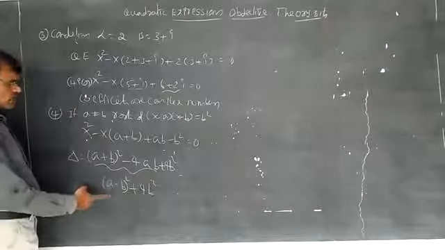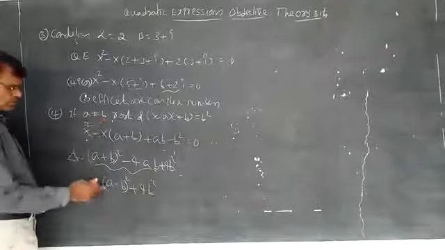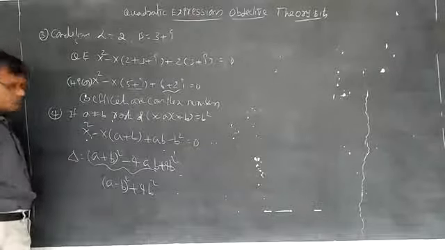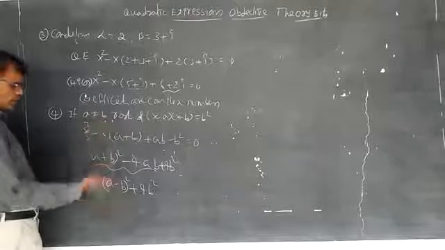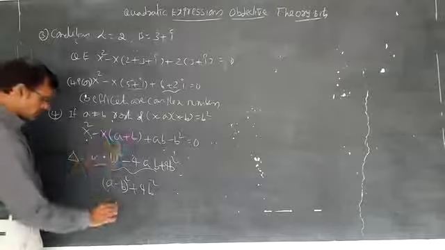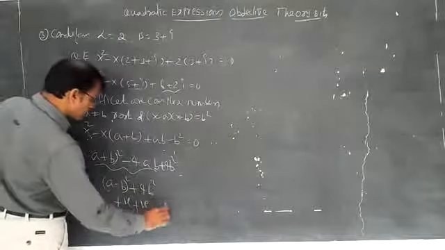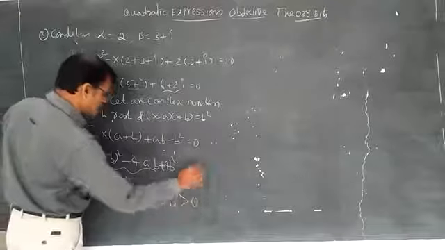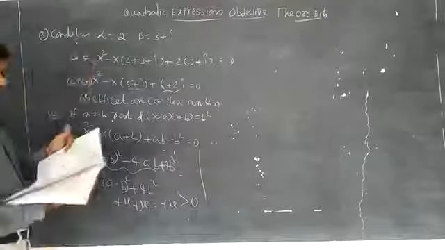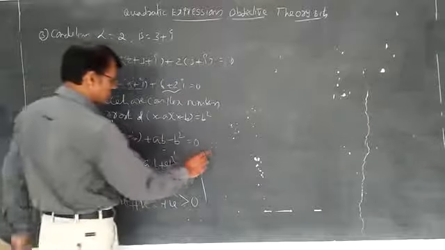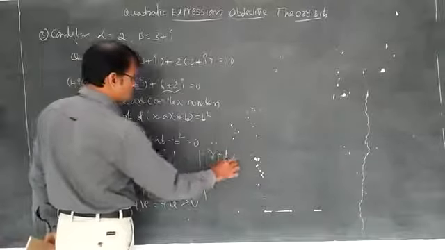We know that A not equal to B is given. If A is equal to B, it becomes 0. Whenever A not equal to B, it is 100% positive. B square is also 100% positive. So positive plus positive is positive, greater than 0. Therefore the roots are real and distinct.